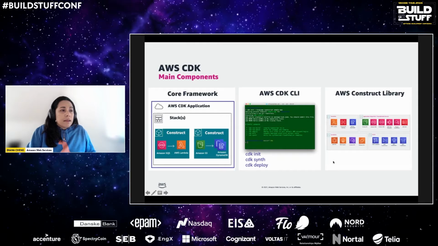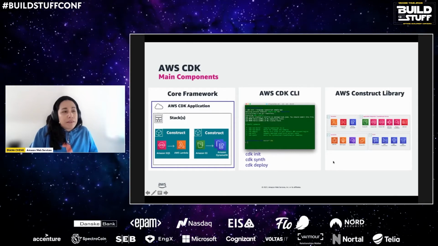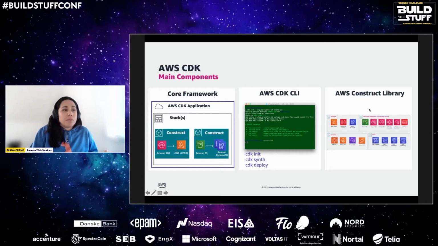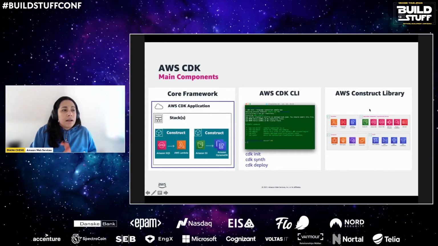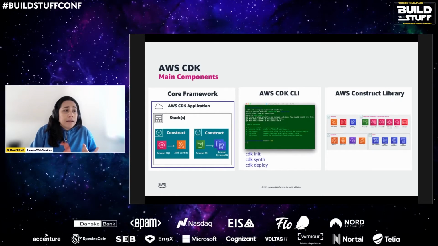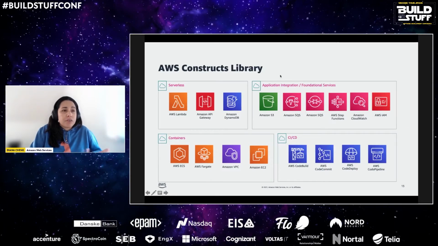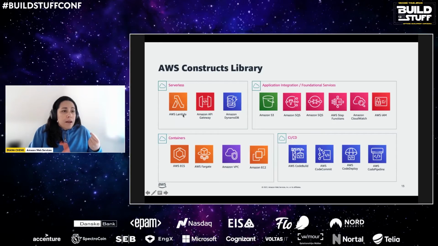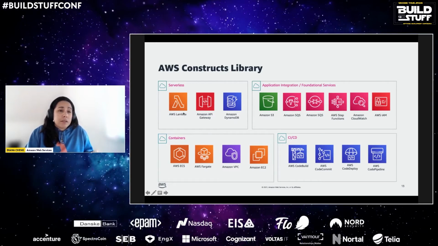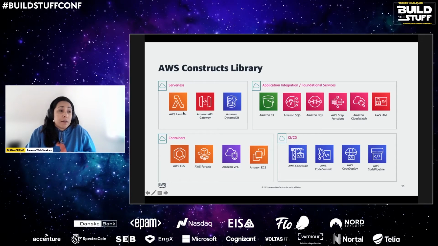And we'll also, most of the time, need to use the AWS construct library. We will want to use services in the cloud, and CDK already comes with this construct library, which provides constructs for each service in the AWS cloud.